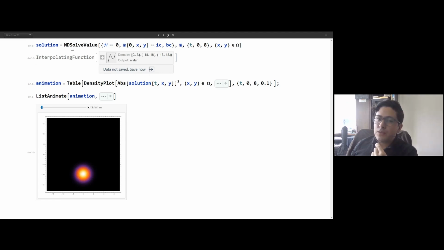And since it's time dependent, you don't use NDEigensystem, you use NDSolve or NDSolveValue, and you specify the initial condition, the boundary conditions, the range in time that you're going to solve this, and you get the solution. You can animate the solution. In this case, we are animating the probability density, and you can use ListAnimate to see what happens in this dispersion type problem.